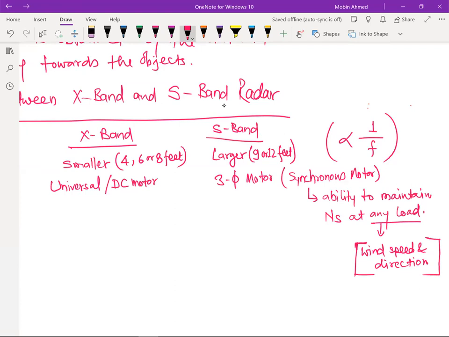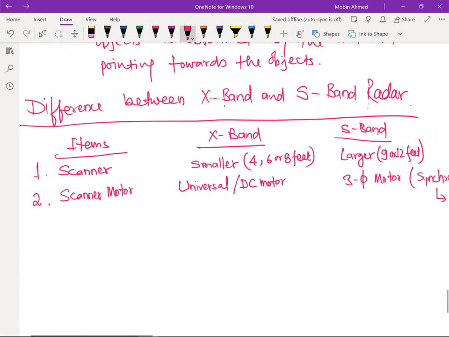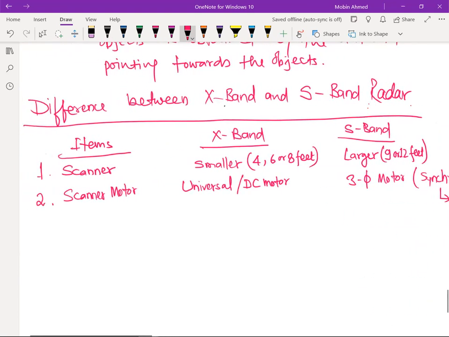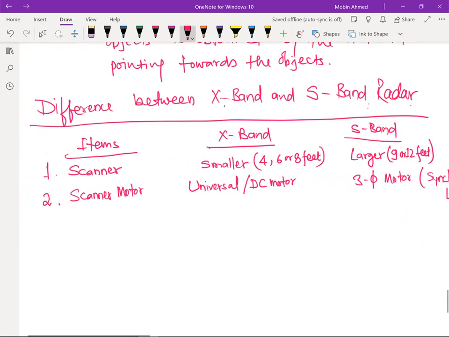Second, sometimes there is also the effect of roll and pitch. Any rotating system has a problem with roll and pitch, so load is going to come to the antenna. That is also known as gyroscopic effect. I will tell you when I teach you the gyro. Gyroscopic effect will be there.